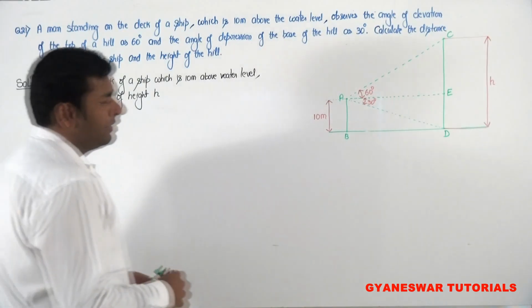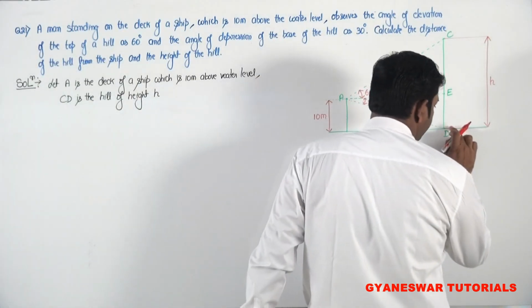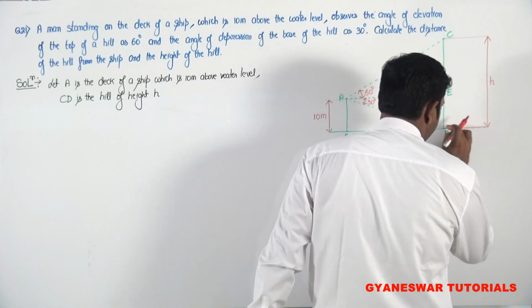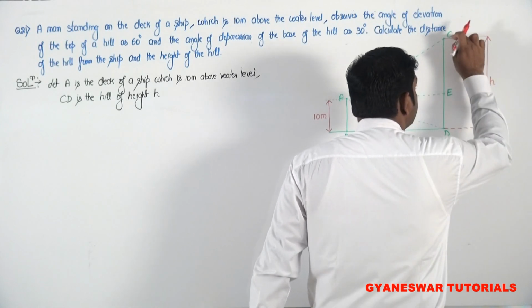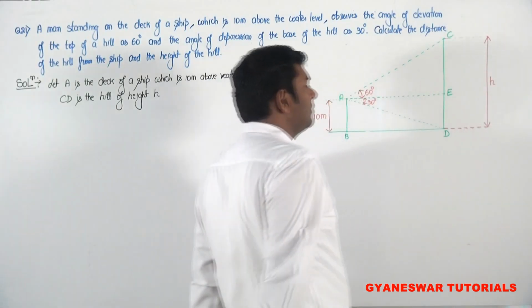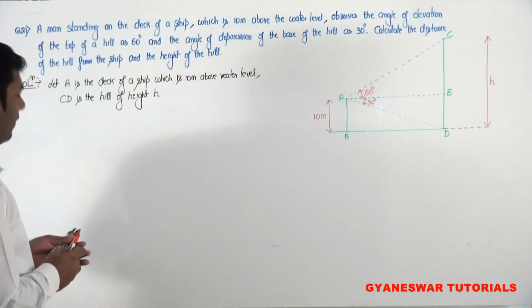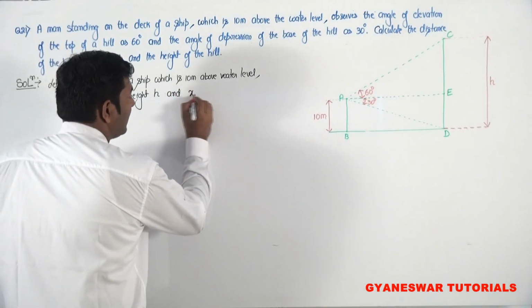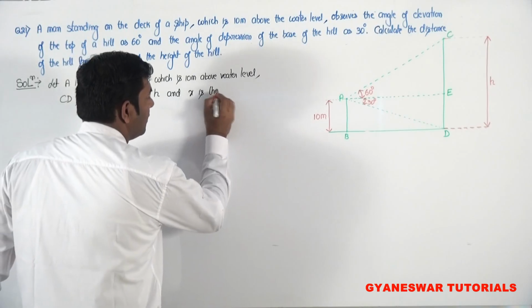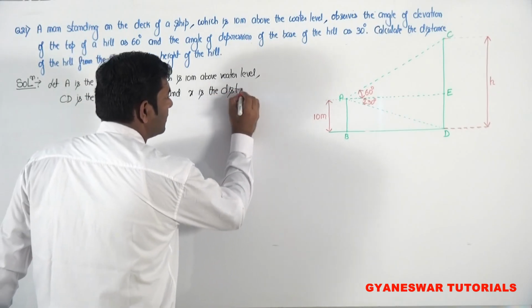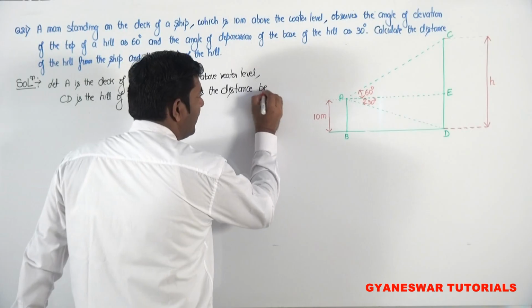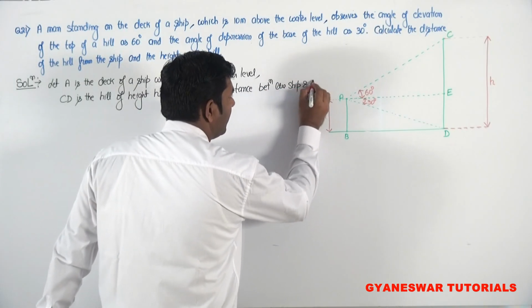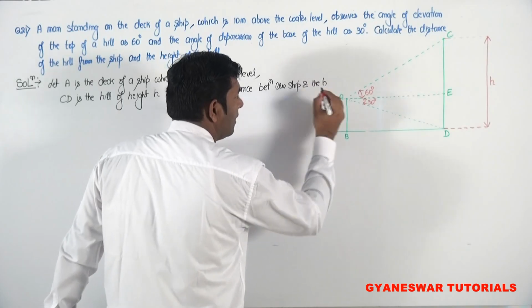So this is CD. Let CD be the hill of height h and x is the distance between the ship and the hill.